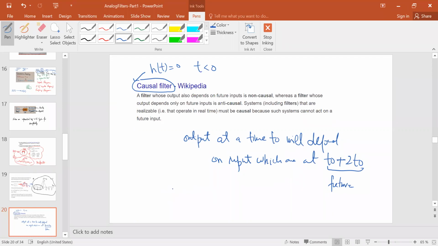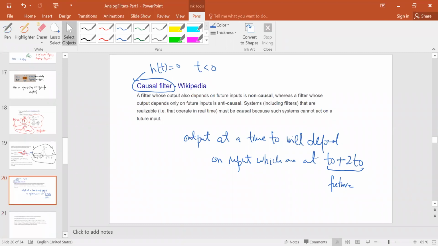That's not possible. How can I do real-time processing when I don't know what inputs will come in the future? The signal is coming as a sequence. I can only depend on the past inputs, yes, but I cannot make my output depend on the future input. So this makes the filter non-causal. The ideal filter that I showed you is not realizable in real time because it's a non-causal filter.